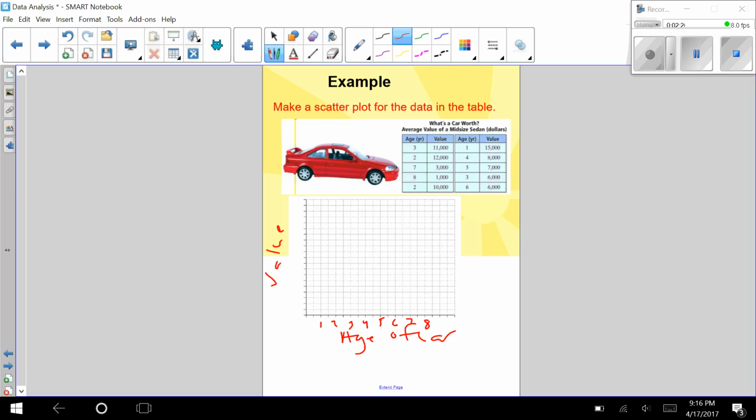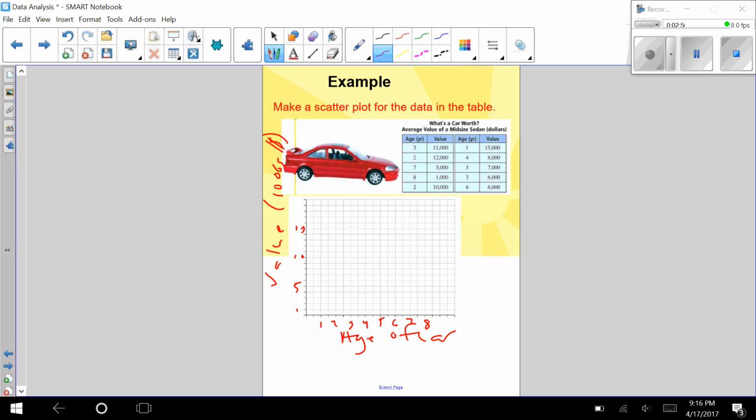I'm going to say that the value is in thousands, so 1 will be $1,000. So we'll make each line worth 1, 2, 3, 4, I'll mark 5, 6, 7, 8, 9. There's 10,000 and 15,000 there. So now we're going to make our scatter plot.